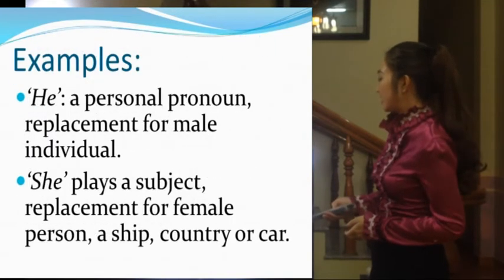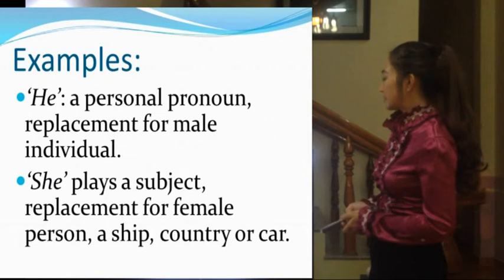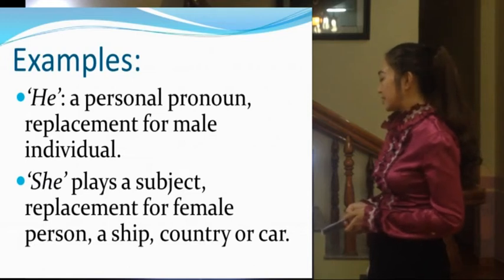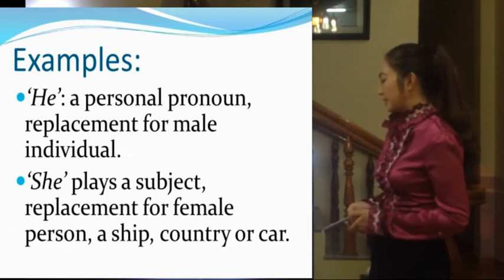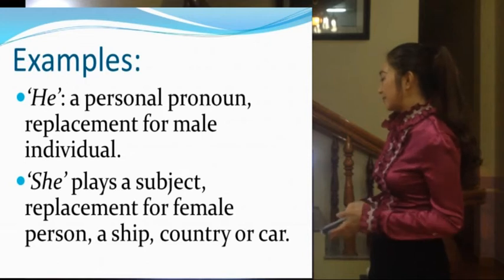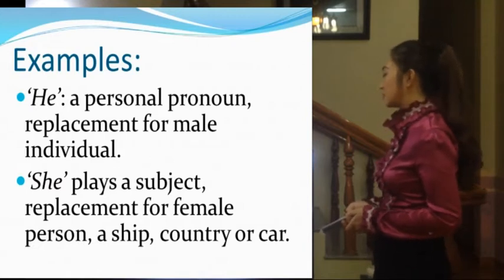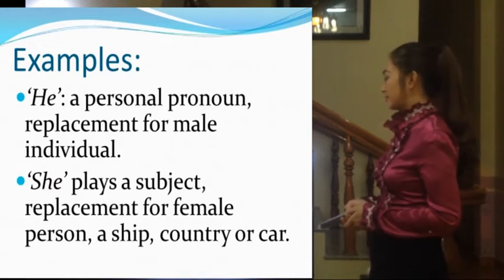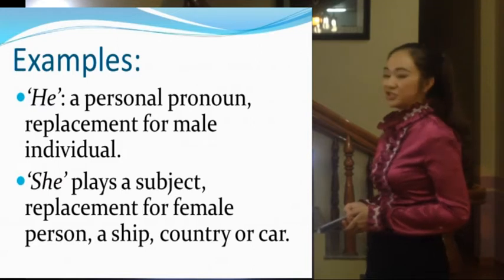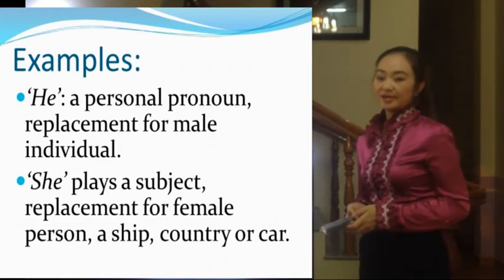For example, he is a personal pronoun to indicate a male individual. Besides, she can be placed as a subject not only to replace a woman, but also to represent the personification of a ship, a country, or a car.